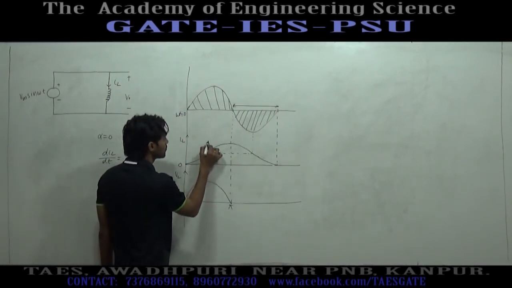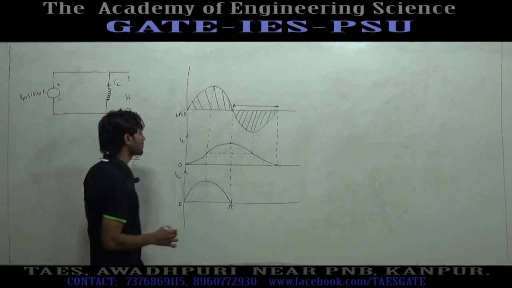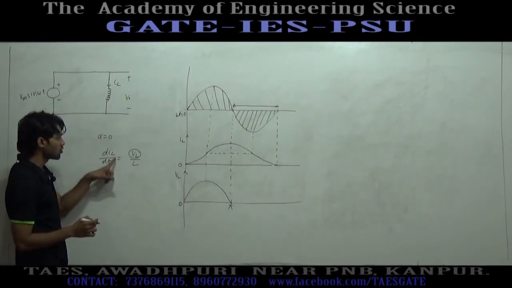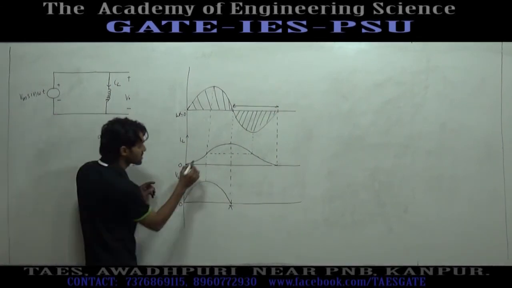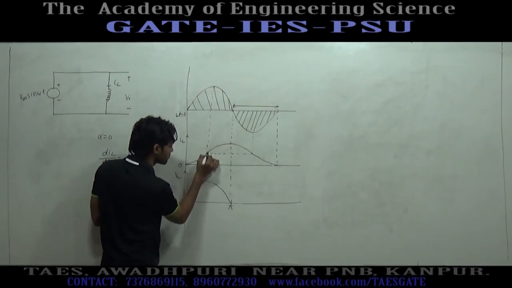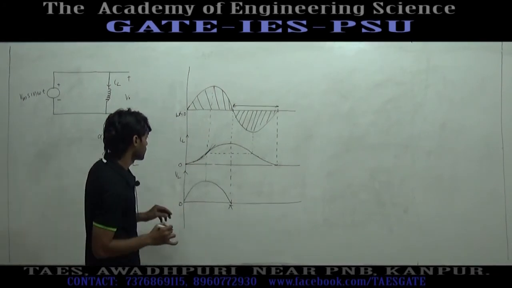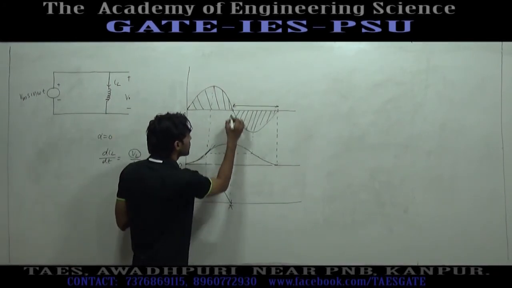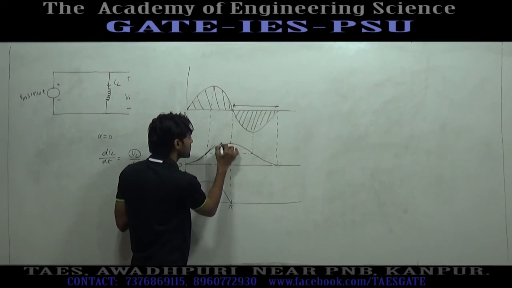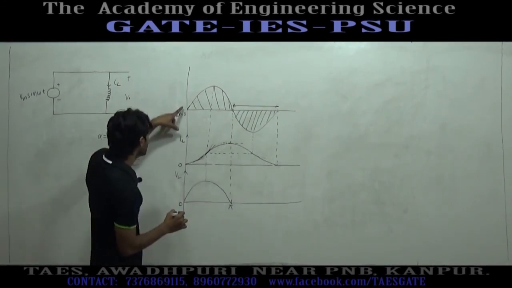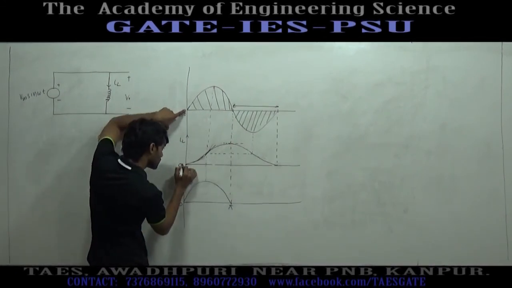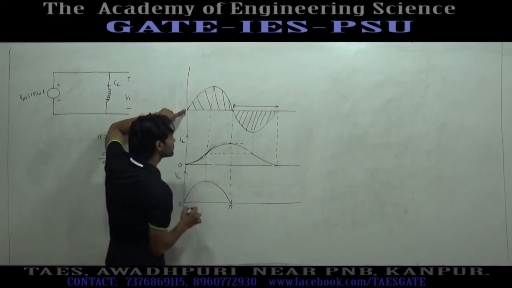At this point, the voltage has its maximum positive value, hence the slope of inductor current will have the maximum value. Here the slope is maximum at this point. At this point the voltage is 0, hence the slope of inductor current is 0. Initially the voltage is 0, so that is why I have started with 0 slope.